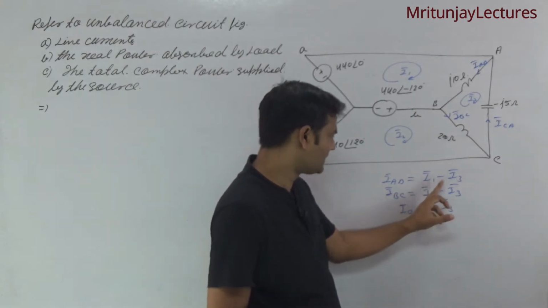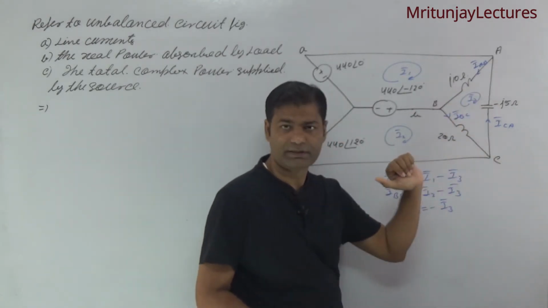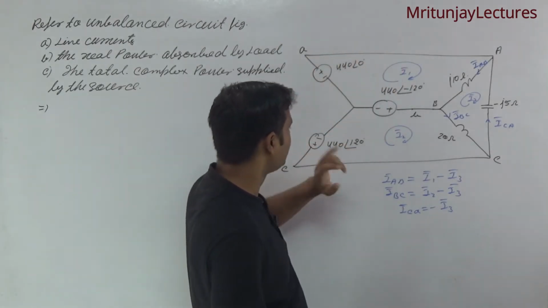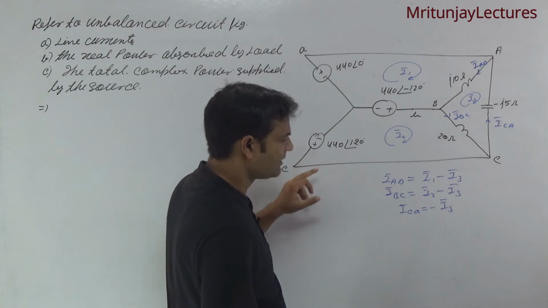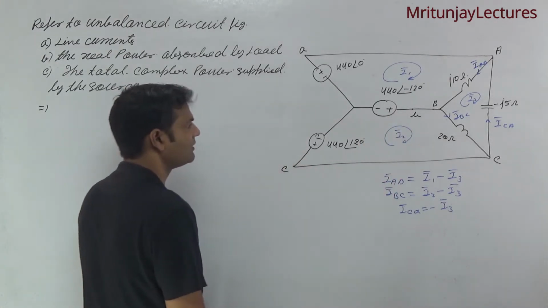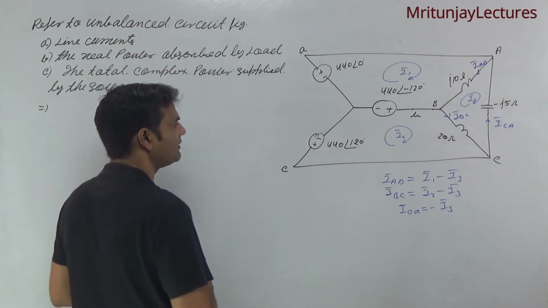I1 minus I3, this is phase current, this is phase current, this is phase current. In this branch I1, in this branch minus I2, and in this branch also I1 minus I3. Clear?